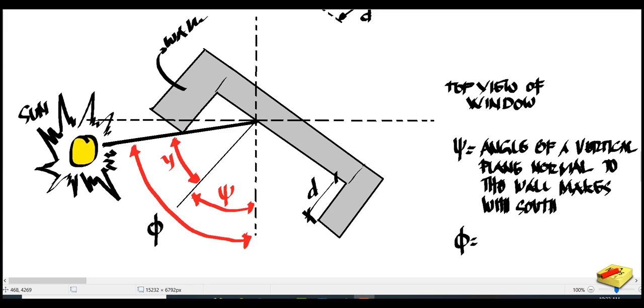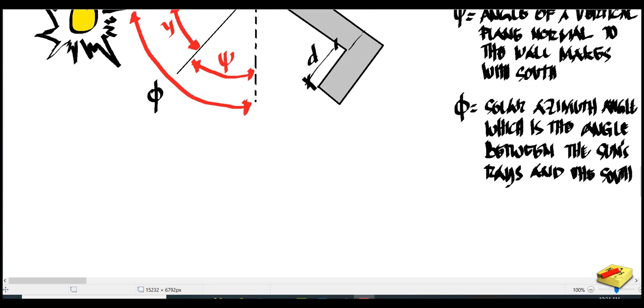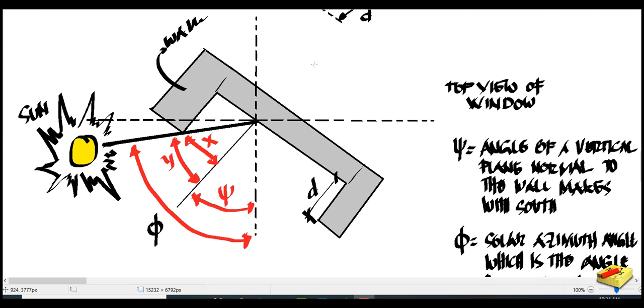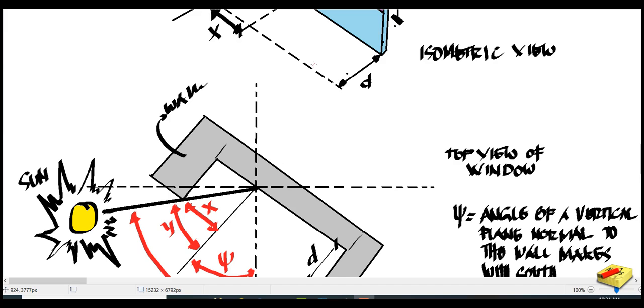Then we have another angle here, the solar azimuth angle, defined as the angle between the sun's rays and the south. We also have the projected distance x here.